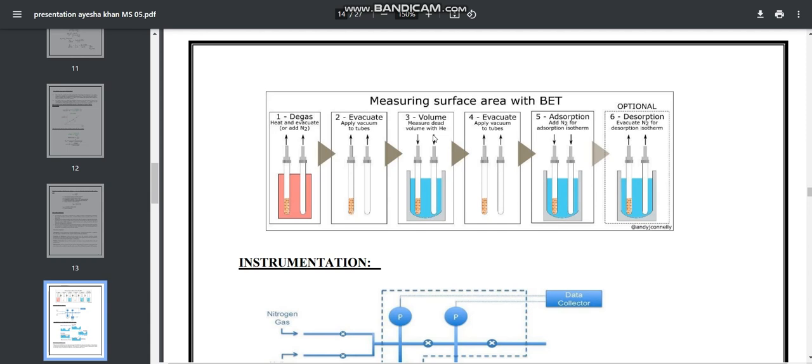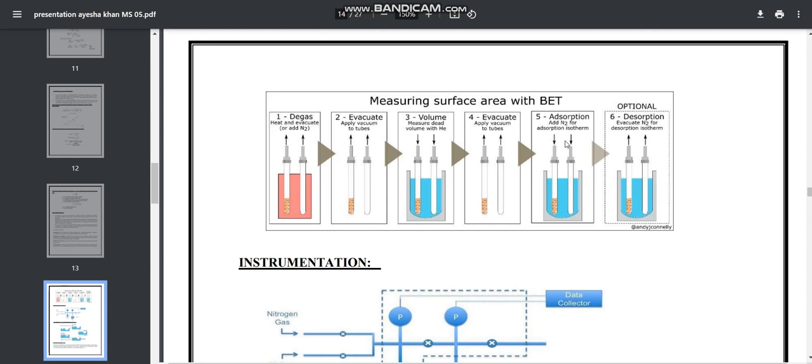When the volume measurement is done, we basically use helium. This shows how much gas is adsorbed in the whole process of adsorption. Once we have measured the dead volume, again there is an evacuation that removes all the gases and impurities present. The next one is the main process, the process of adsorption.